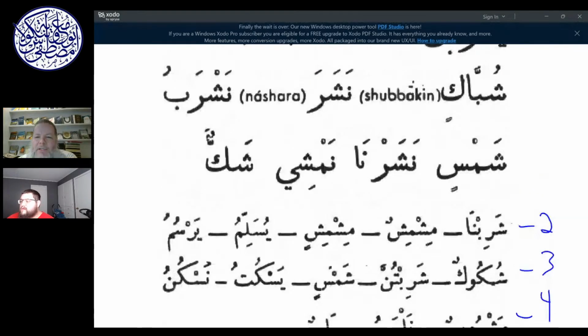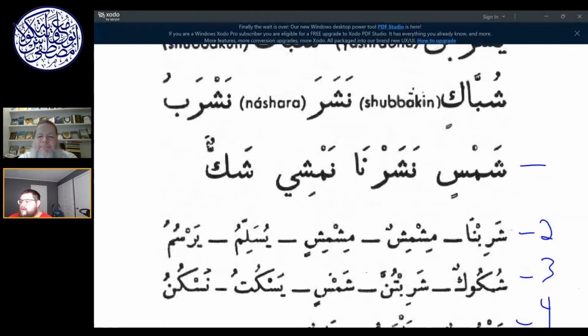Let's read this line. Shamsin. Exactly. Excellent. Nasharna. Excellent.